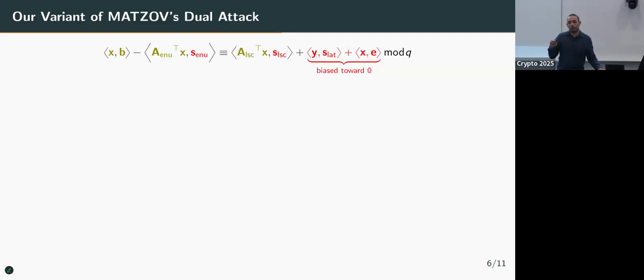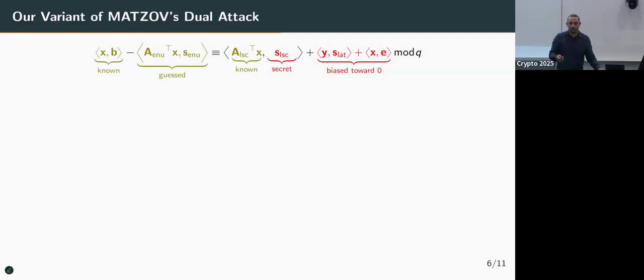Why? Because the vectors Y, S LAT, X, and E are all short. So these two scalar products are biased towards zero, or likely to be zero. Another point in our variant is that we make the bet that S NU is equal to zero. So in the rest of the presentation, I will consider that I know S NU as the vector 0.